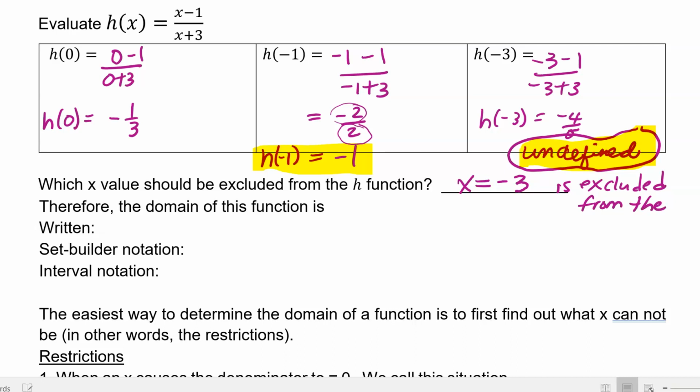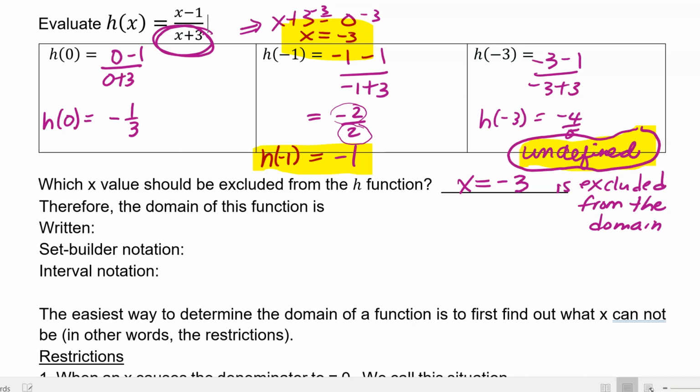That's the only value that will be excluded, because notice we have x plus 3. If we set that to 0, what we get is x equals negative 3. So negative 3 is the only number for this function that is excluded from the domain.